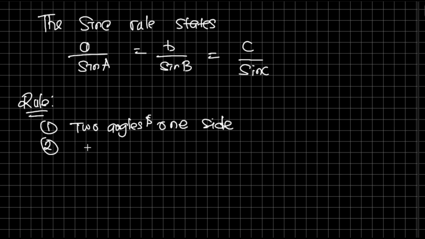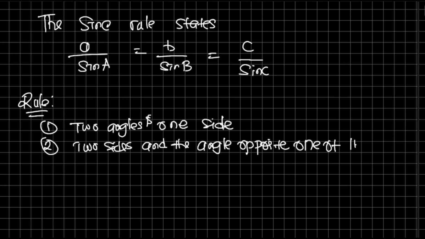And when you have two sides and the angle opposite one of the sides, you can also use the sine rule. So these are the two conditions for using the sine rule: two angles and one side, or two sides and one angle opposite one of the sides. Then you can always apply the sine rule.